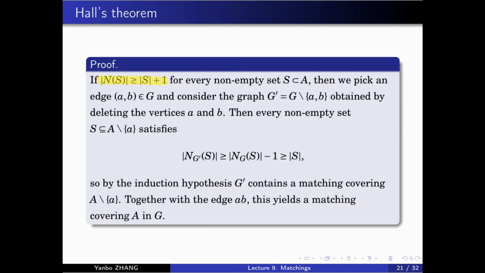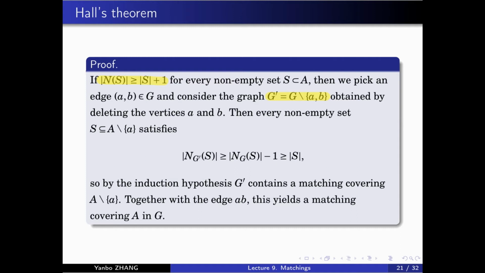G' is obtained from G by deleting the vertices a and b. Do you know why we delete the vertices a and b from G? Because now the size of A is smaller and we can use the induction hypothesis.